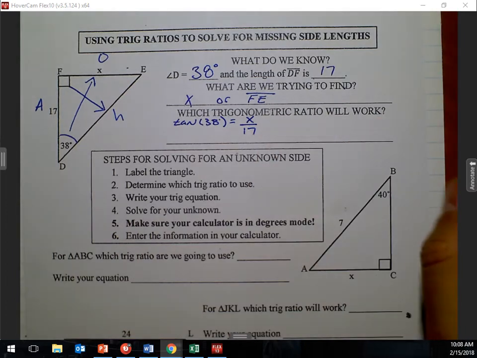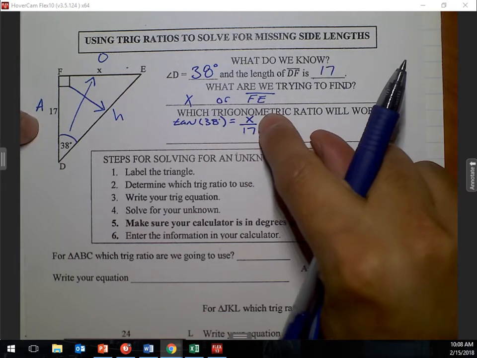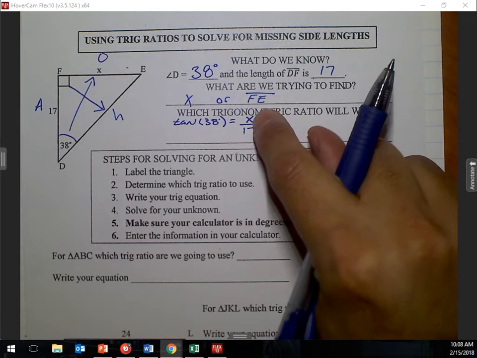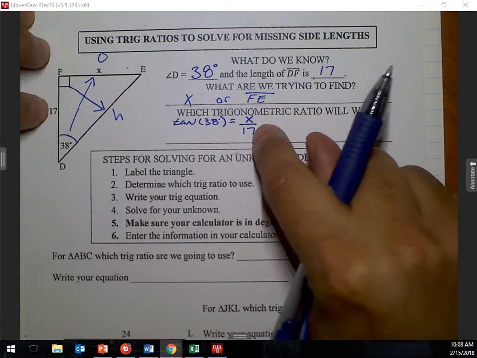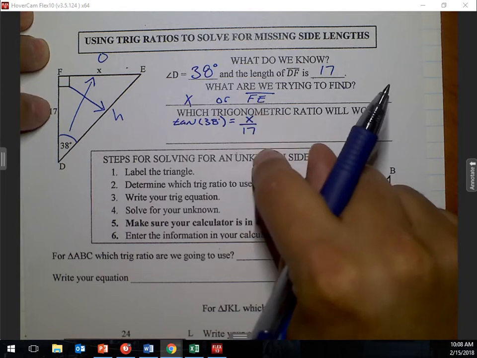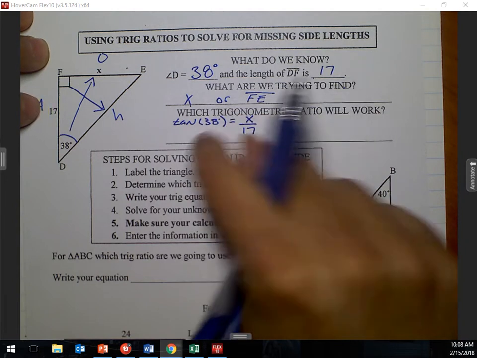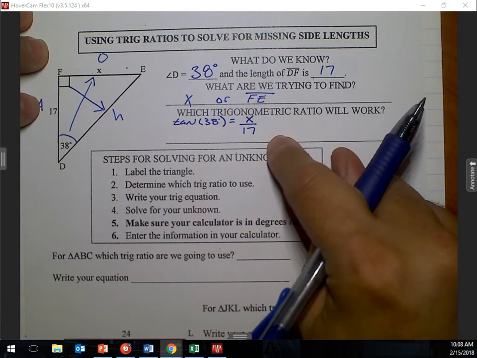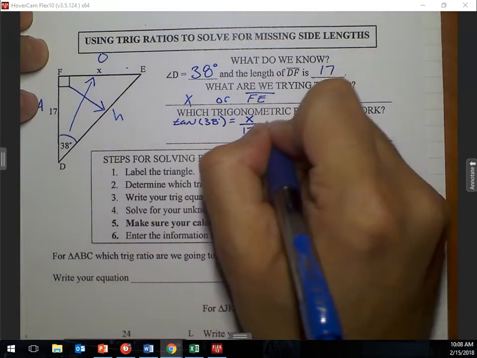Now from here we have to use algebra. Since I'm trying to find the X variable, I want to isolate my X value. So I need to get rid of the 17. If the 17 is on the bottom of my fraction, what am I going to do to both sides of my equation? Multiply both sides by 17.